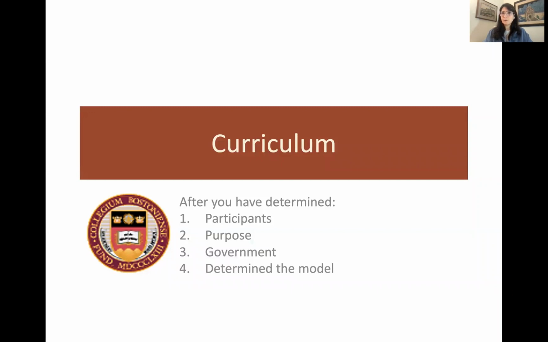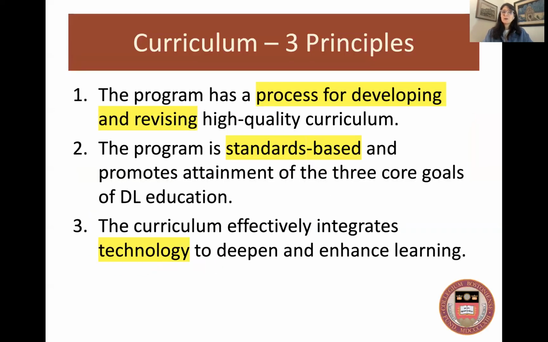Is it going to be a 50-50 or a 90-10, going into a 50-50? Is it going to be with one teacher or two teachers, etc.? So when we talk about curriculum, we pay attention to the 3 principles that the guiding principles of dual language education proposes, the cover that I just showed to you.